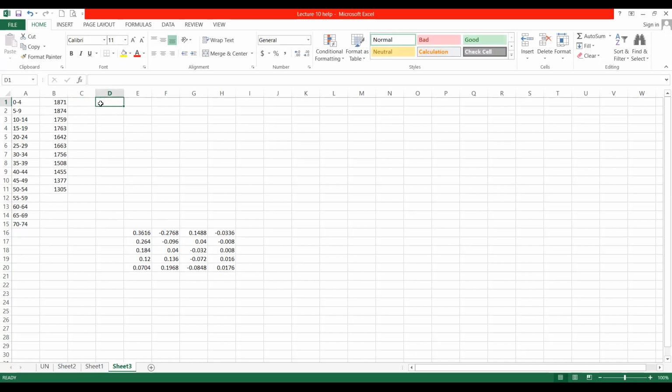So then I'm going to include the multiplied values here.